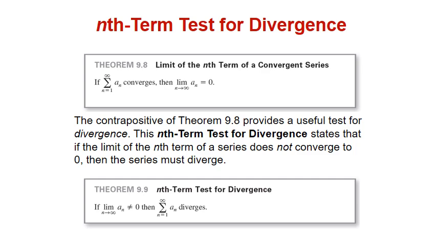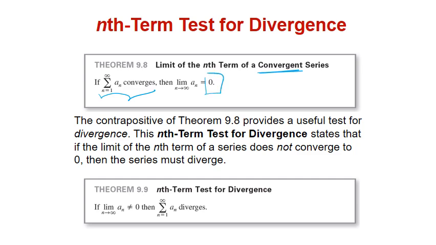As promised, here comes some more theorems. So theorem 9.8 talks about the limit of the nth term of a convergent series. So it has to be a convergent series. So if you have a convergent series, then the limit is equal to 0. Okay, so that's kind of nice.